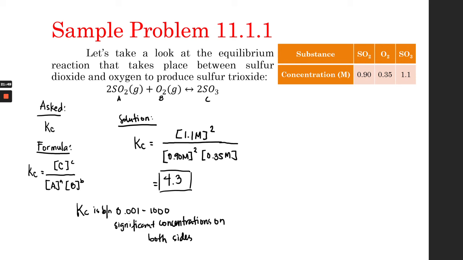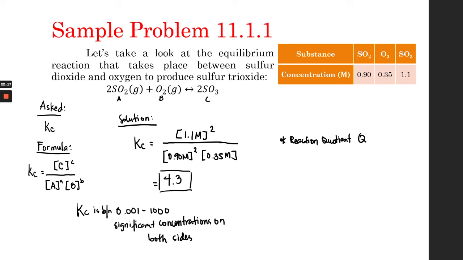Another way that we can actually check the reaction equilibrium is using what we call the reaction quotient, which we denote with the letter Q. So what is the reaction quotient?